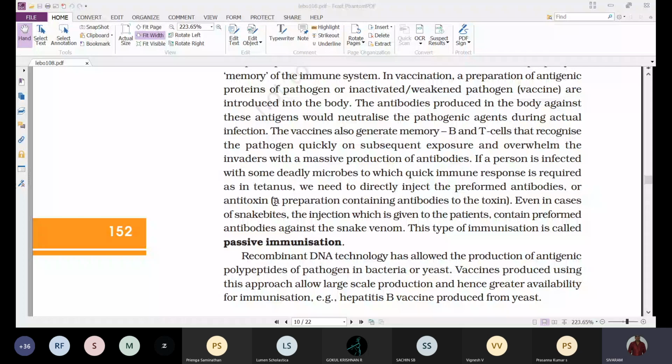So in that case, we can't give vaccination. We can give the ready-made antibodies, that means the antibodies which were already prepared, directly injected into the body.